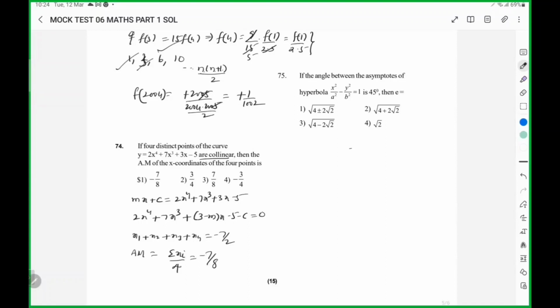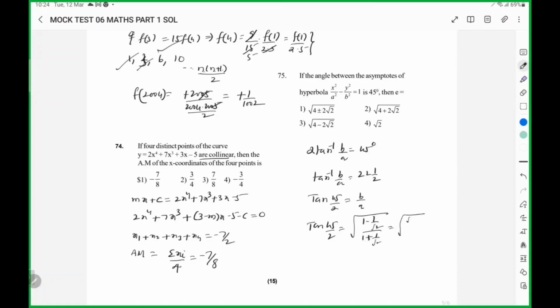Here angle between asymptotes. We have a formula which is 45. Tan inverse b by a is tan 45 by 2 is this. 1 minus cos 45 by, rationalizing, get this.